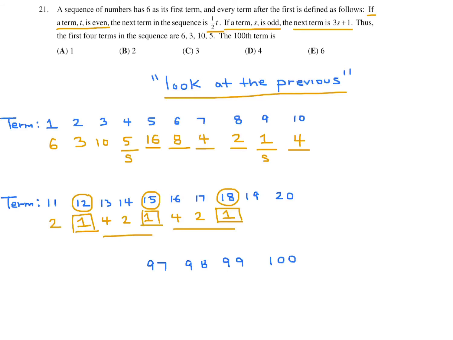Anytime the term number is a multiple of 3, the term will be a 1. So basically, those terms will be 4, 2, 1. And then we get to the 100th one. Since the pattern 4, 2, 1 keeps repeating, it'll be 4, 2, 1 like that for the 100, 101 and 102. So they want the 100th term, and therefore the 100th term is 4. So number 21, the answer is D.